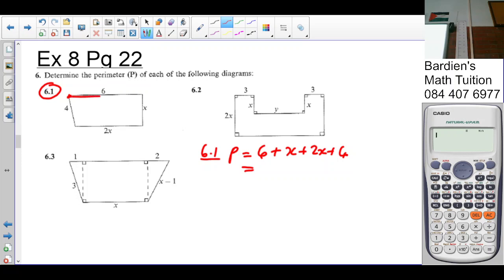Remember the perimeter is the sum of those lengths on the outside. So 6 plus 4 is 10, x plus 2x is 3x. So 3x plus 10.